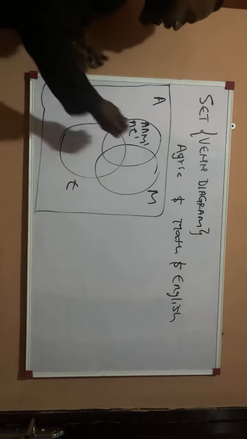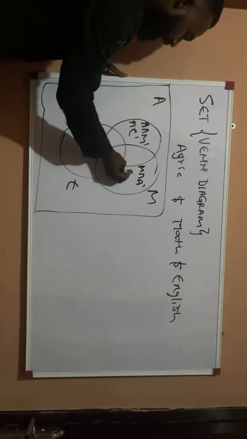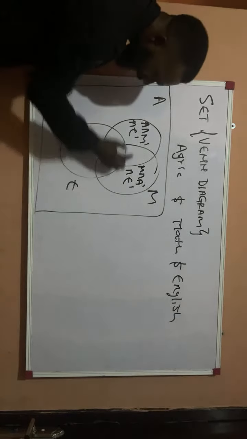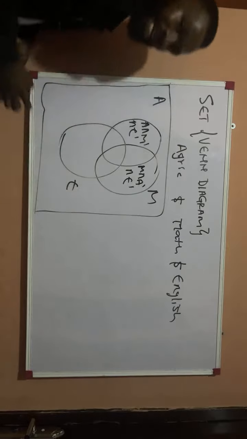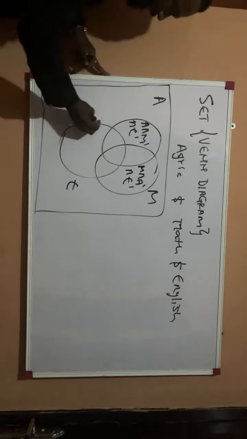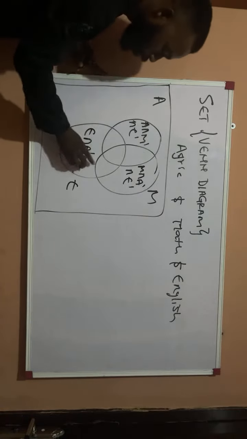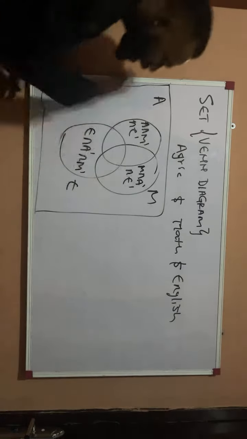So here becomes they offer mathematics, they don't offer what? Greek, and they don't offer what? English. And also, the other circle here, at this point, talks about students that offer only English, but not Greek and what? Mathematics. So it means here, they offer English, but there is no Greek and there is no what? Mathematics.